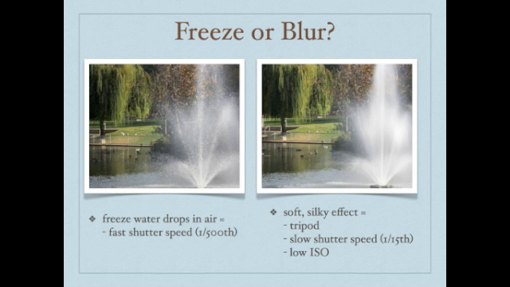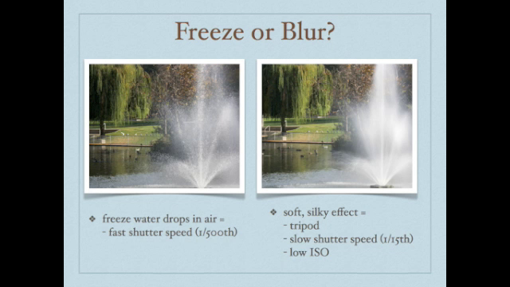Well, this is just an example of a little fountain down at our neighborhood park. And I set myself up down there and I stayed in the same spot in the park. All I did was change my shutter speed. So for example, on the shot on the left, I thought, okay, let's freeze the water so it looks like the drops are in midair.